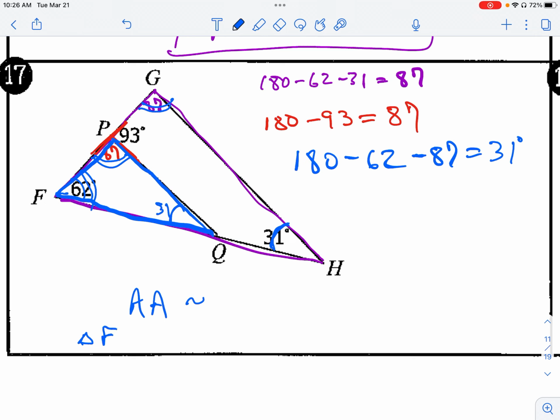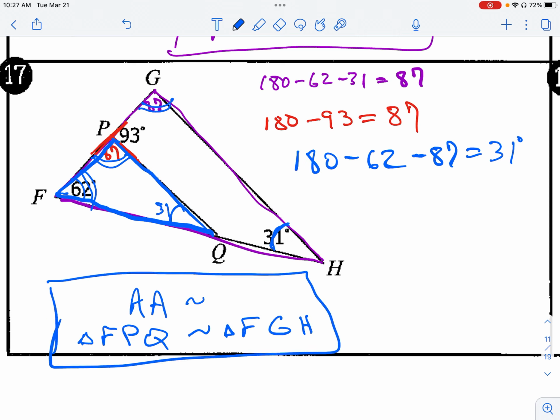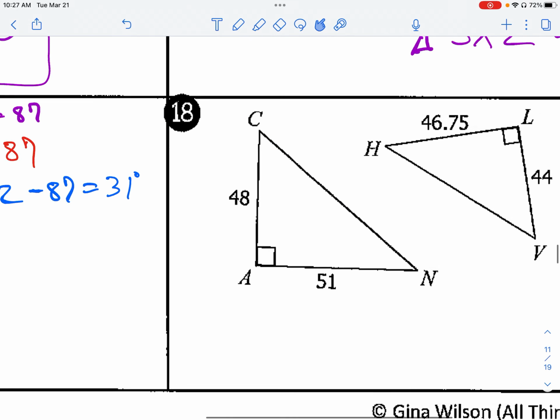And we're going to go, F, P, Q is similar. So we went from 62 to 87 to 31. So we're going to do 62 to 87 to 31 in the big triangle. And we are done. Once again.